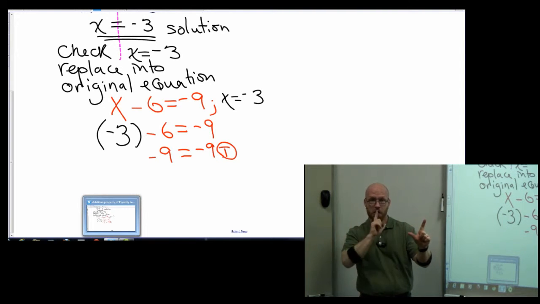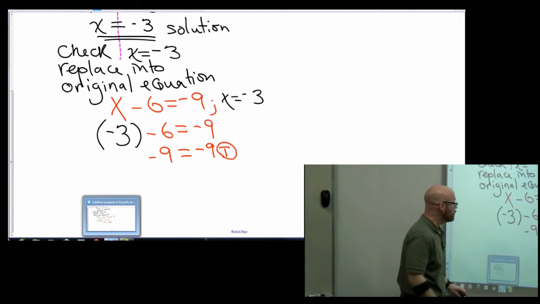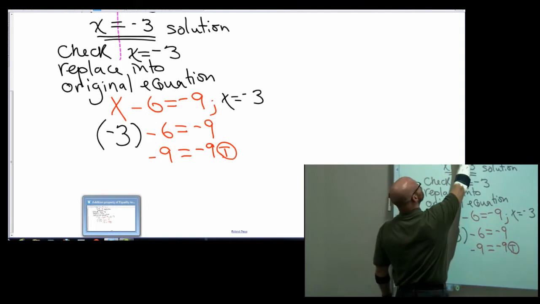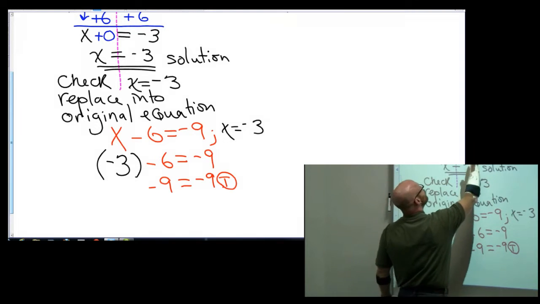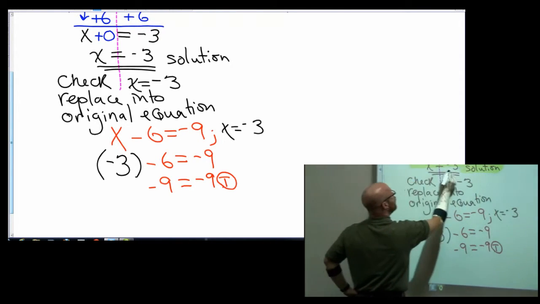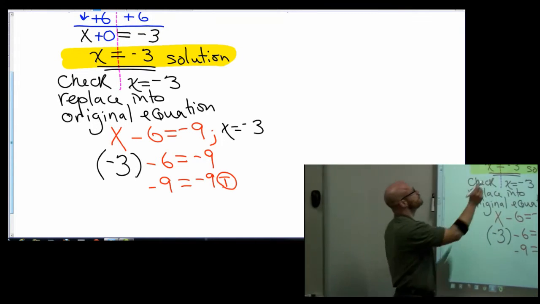Left and right, are they equal? If I substitute negative 3, they will be equal. So this is a solution.